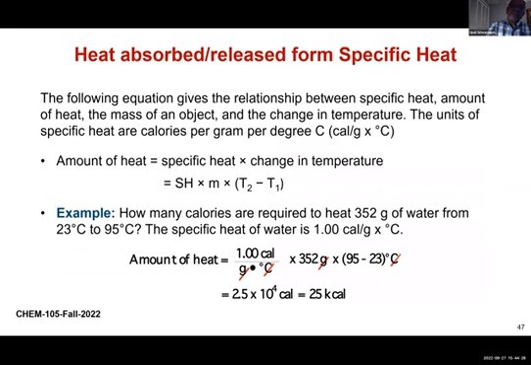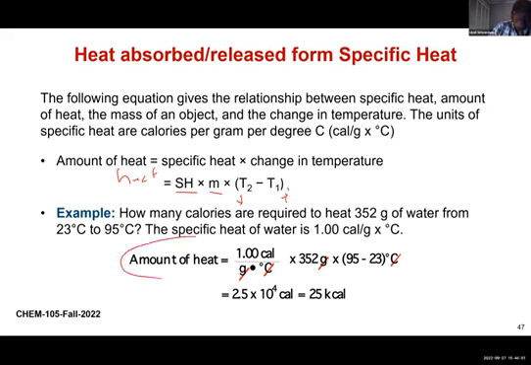To measure heat released or gained when an object's temperature changes, you use the specific heat of the object, the mass of the object, and the final temperature minus the initial temperature.